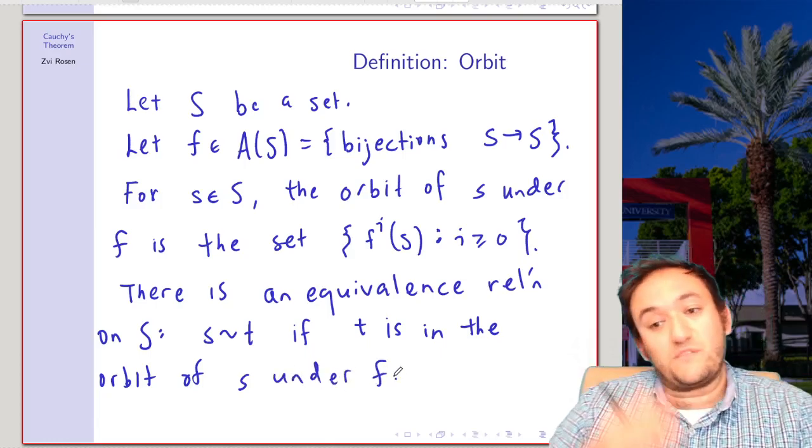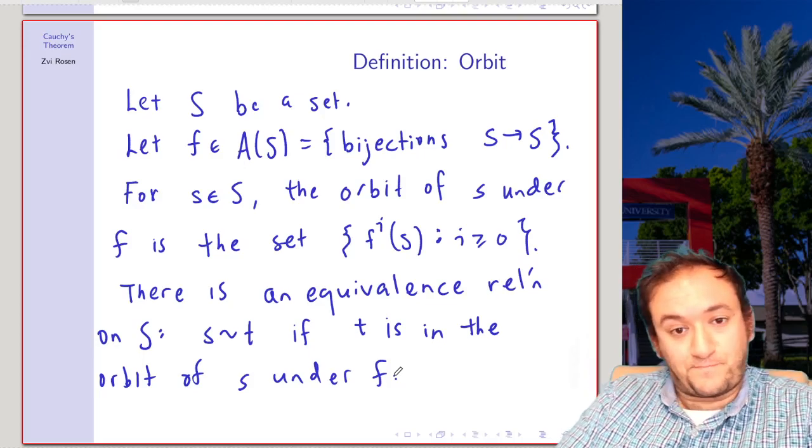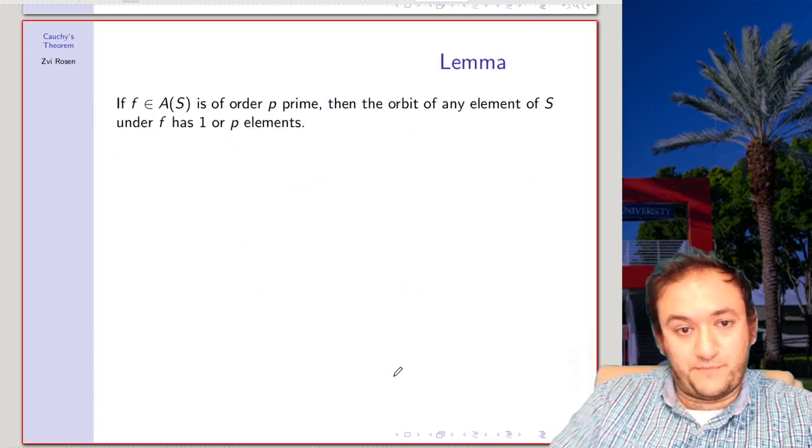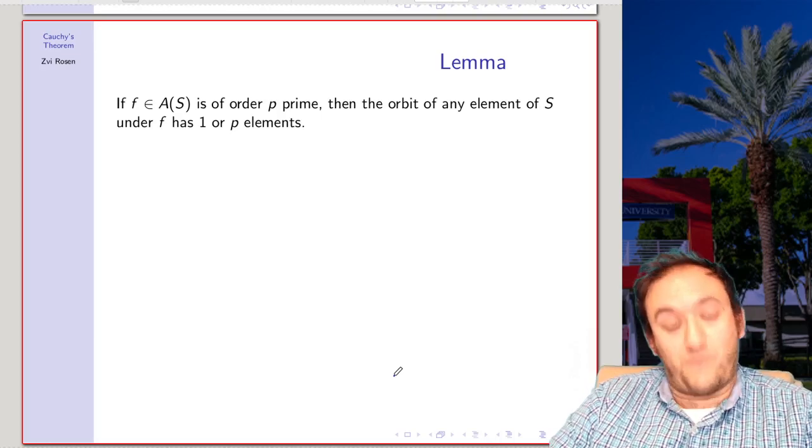Okay, and this will partition up the elements of the set S. Now we're going to prove a lemma about orbits.